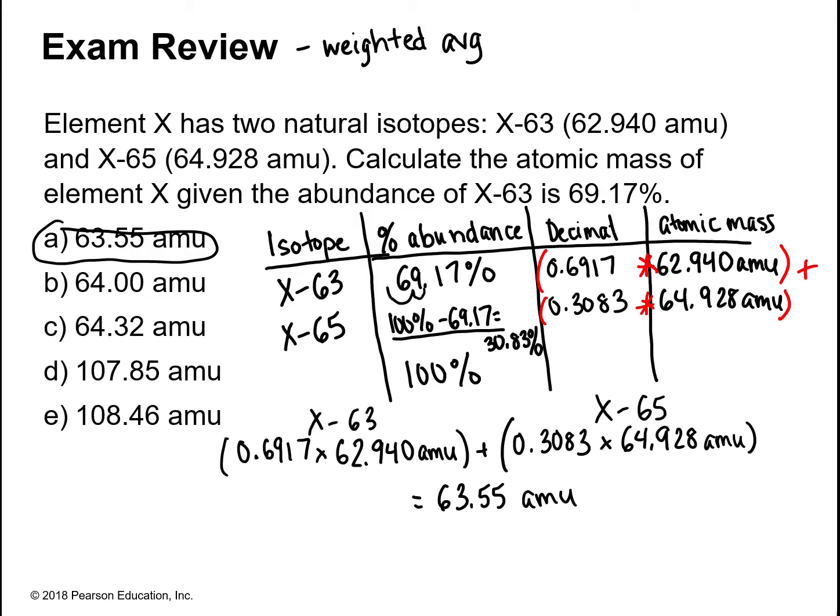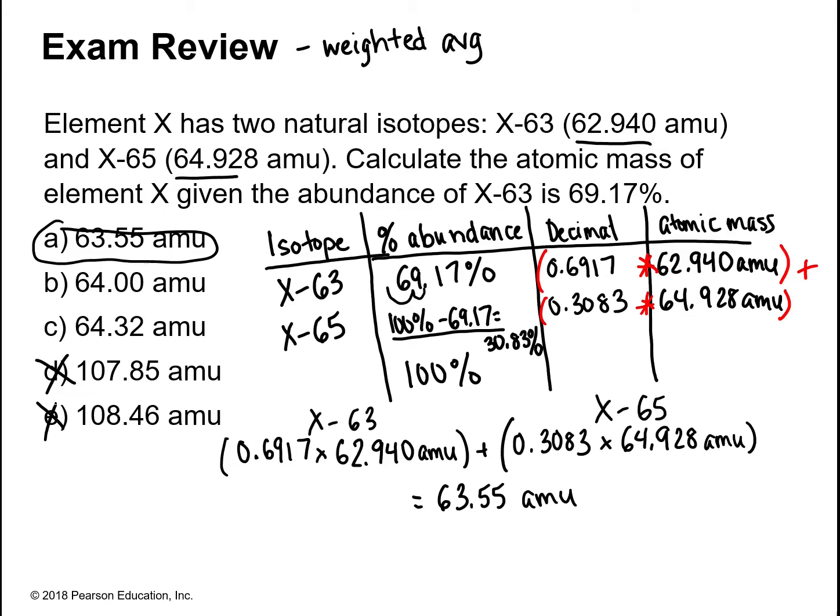The two atomic masses for the two isotopes are 62.9 something and 64.9 something. You can't have an atomic mass that's greater than either of those numbers. It also can't be less. So D and E are not options, and you should immediately get rid of them.